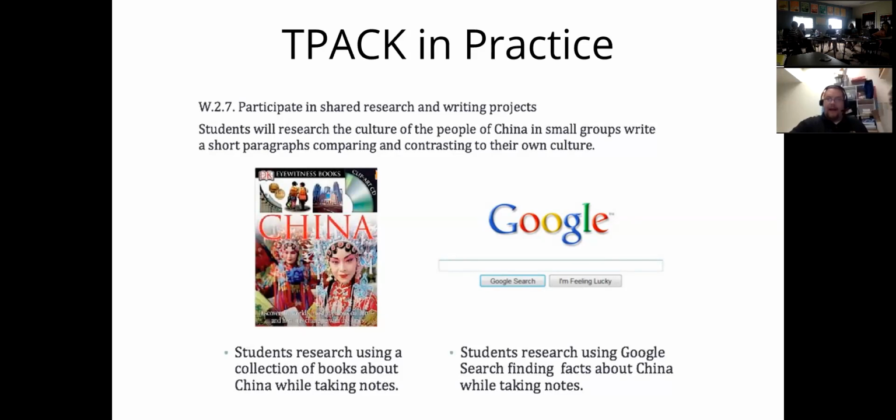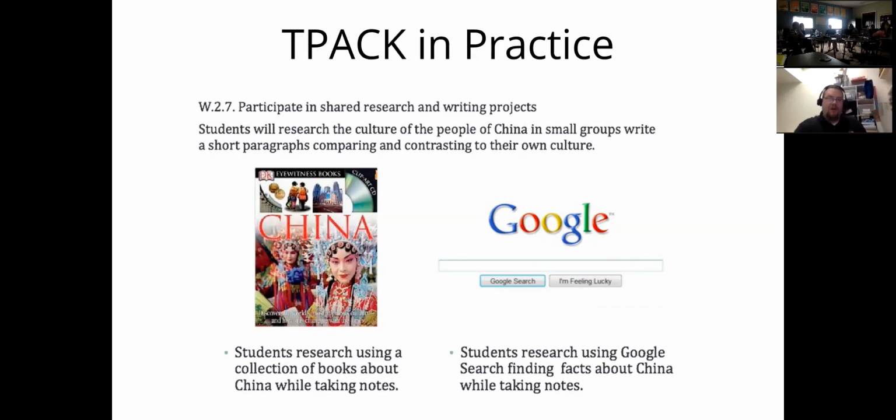And so I decided that I need a resource, or a book, or something for that research piece. Taking that same objective, on one hand, I'm going to have groups using an Eyewitness China book. I'll have another group that may just go on and do a Google search.